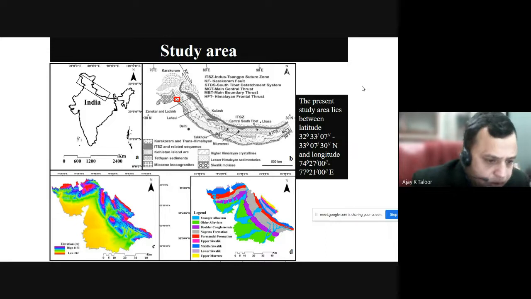This is the geological map of this particular Jammu portion. We have determined the different geological features, like different kinds of rocks. You may not be aware of this kind of geology of this particular area, but based on satellite data interpretation, we are able to map such geological features in this area.